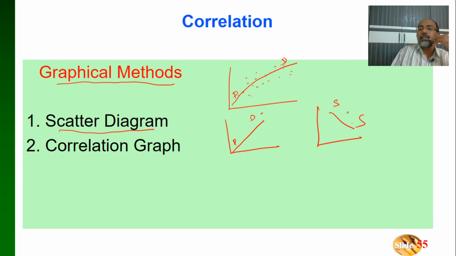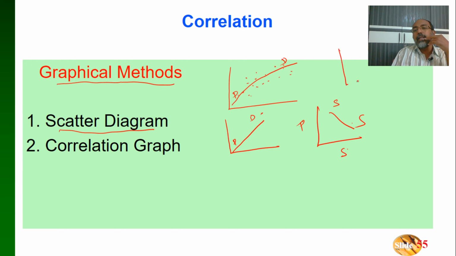The relation between supply and price, as you can see in economics, is that when price increases, the supply increases, and when the price decreases, the supply decreases.